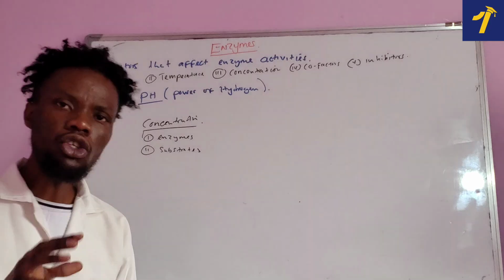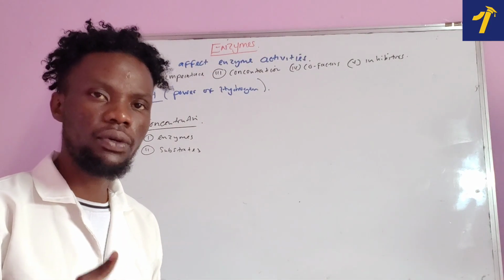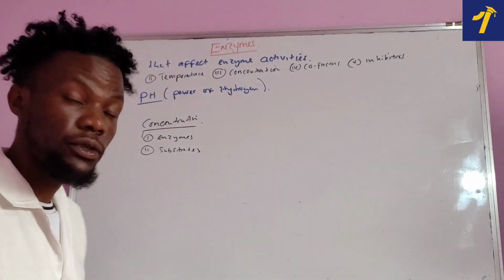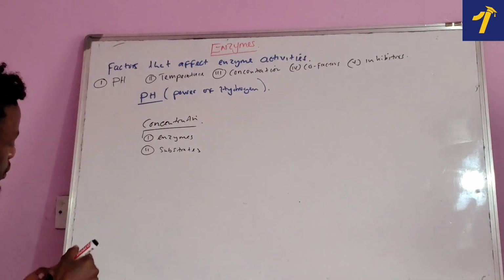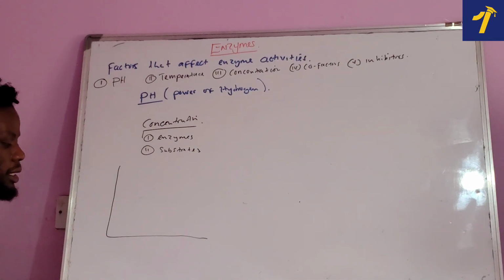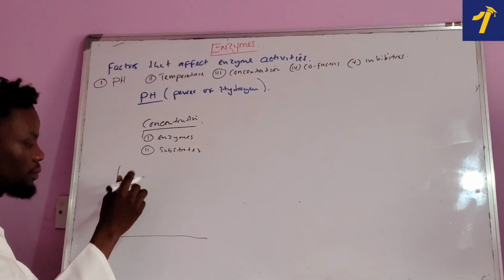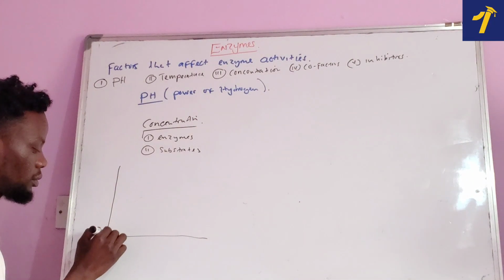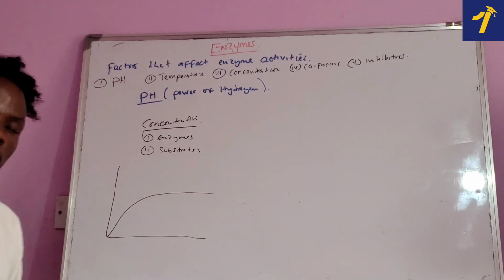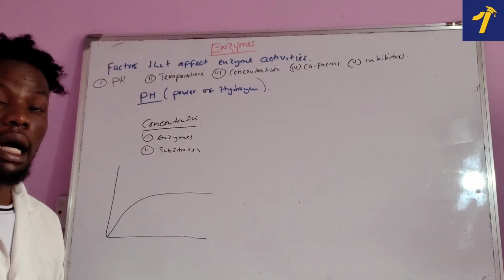Now, you need to understand the graph of the concentration of enzymes and the concentration of substrate. So if you have this, this is the graph. Now the graph of the enzyme substrate is more like this. It's way different from the one I was talking about under temperature and under pH.